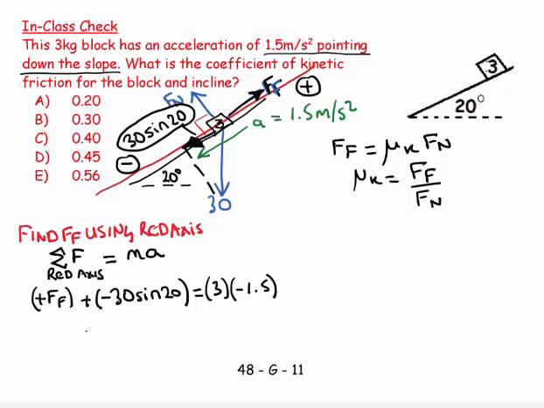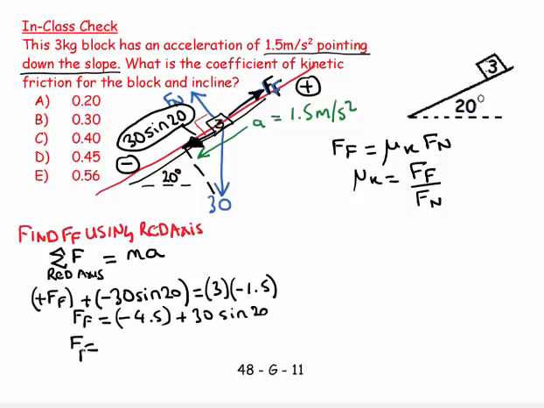So now I say, okay, well in that case Ff is equal to minus 4.5 plus 30 sine 20, and I can work out what that is.